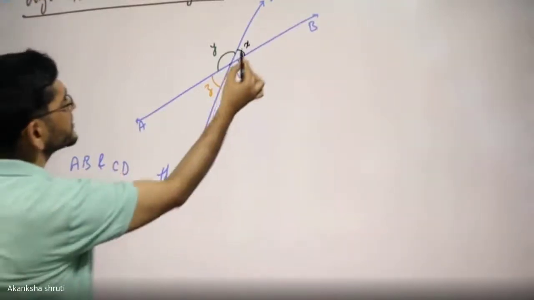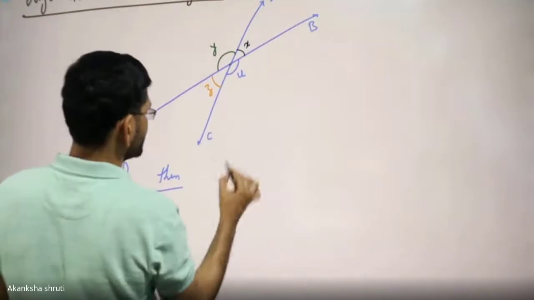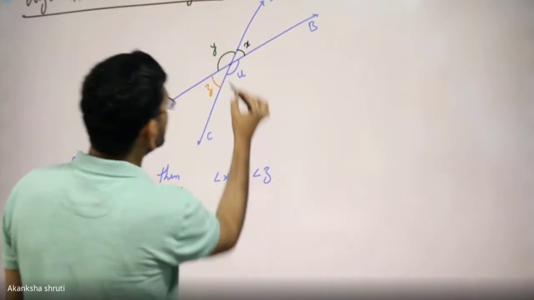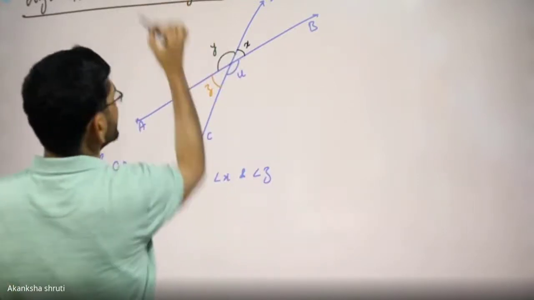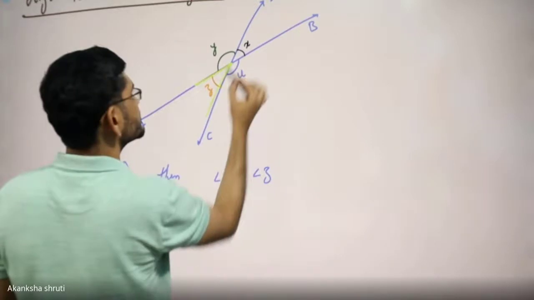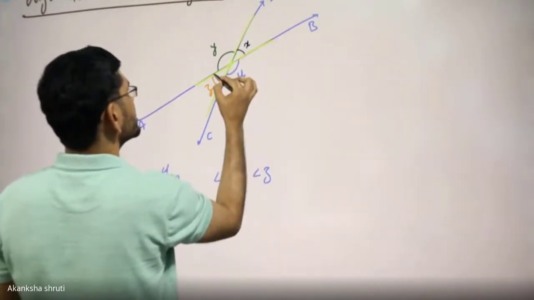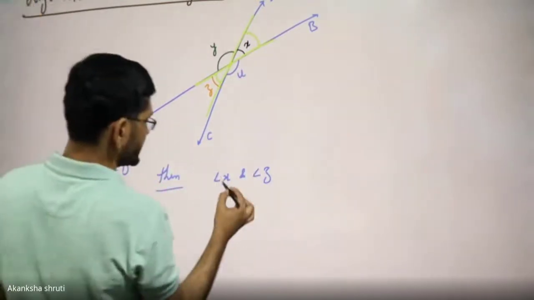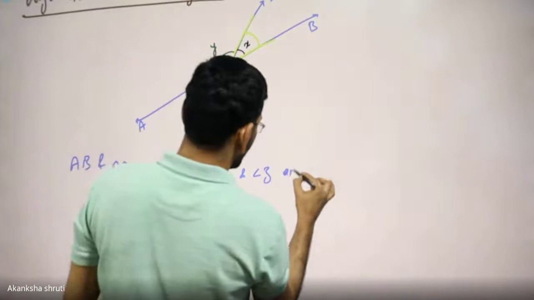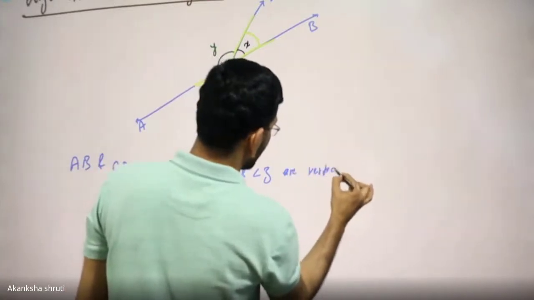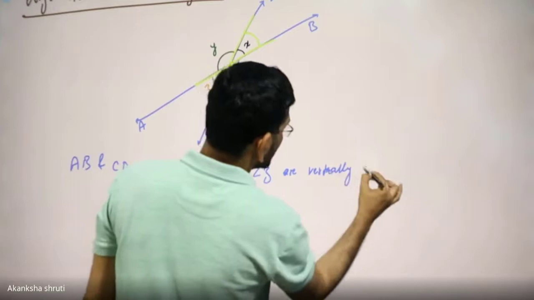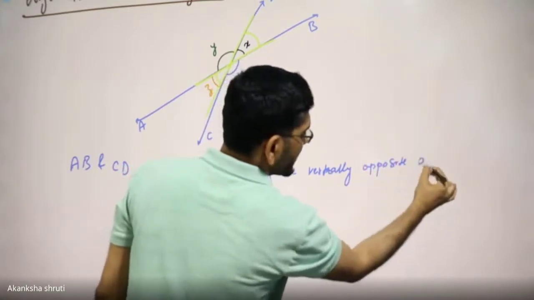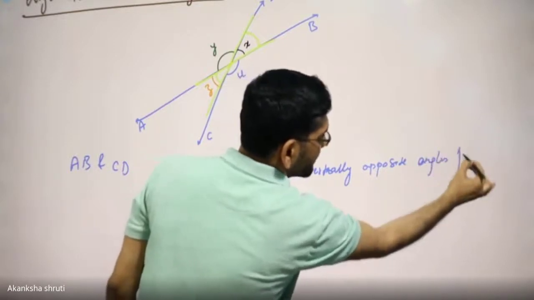Then we can write angle X and angle Z, considering this vertex, they are on the opposite side. This is one angle form, this is the other angle form. So considering this, X and Z are a vertically opposite pair of angles.